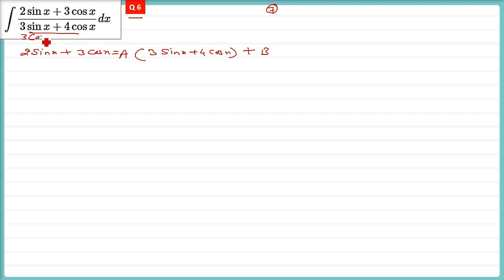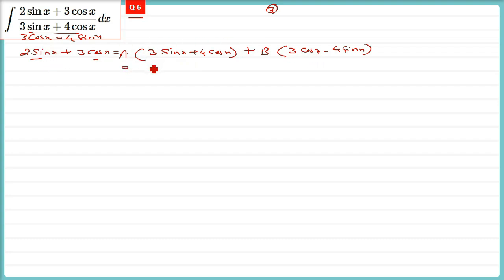Sin x will be cos x, 3 cos x, and it will be negative 4 sin x. So write it here, 3 cos x minus 4 sin x. If you want, you can add a constant also, or it will be eliminated by itself. So don't worry about that. So I'm not adding a c. You can add c and you will get a 0. I have already done it, so I know what to put actually.